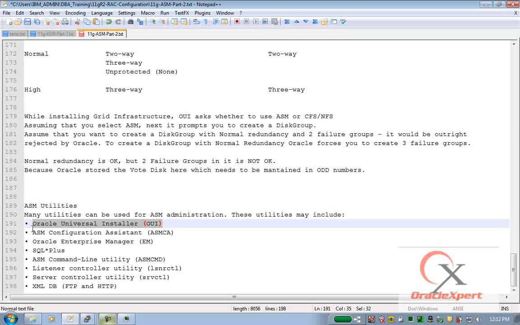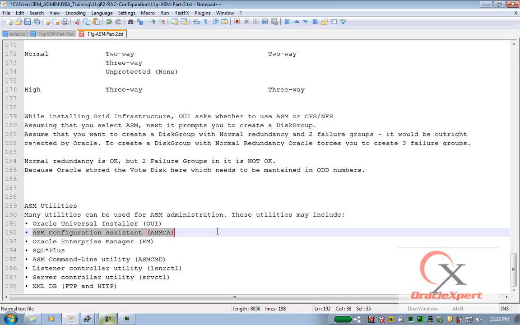The other ones are quite obvious. Like DBCA, there is a utility called ASMCA, ASM Configuration Assistant, which again connects to ASM to fetch information. Oracle Enterprise Manager OEM, SQL*Plus, the ASMCMD command line utility, and the listener control utility also fetch the ASM instance status.